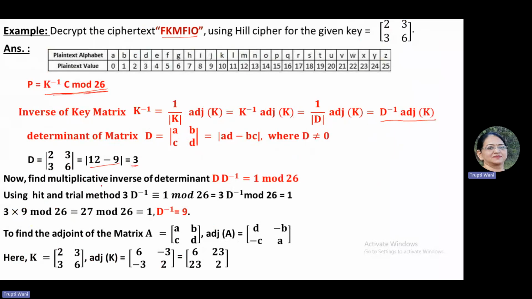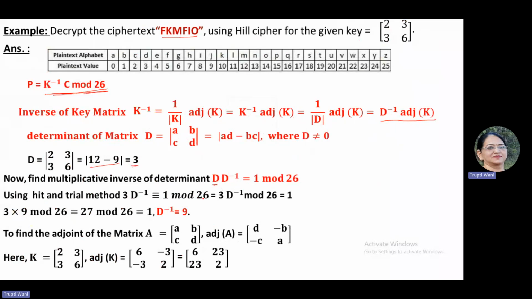Now we have to find D inverse. It is a multiplicative inverse. As we know, D into D inverse gives 1 mod 26. Now the value of D is 3. We have to find D inverse congruent to 1 mod 26.